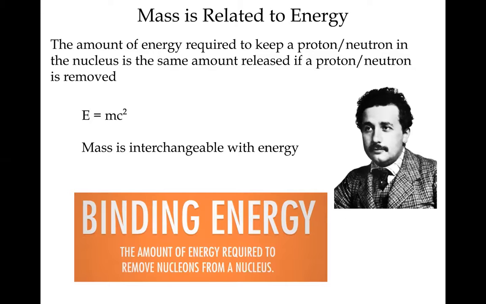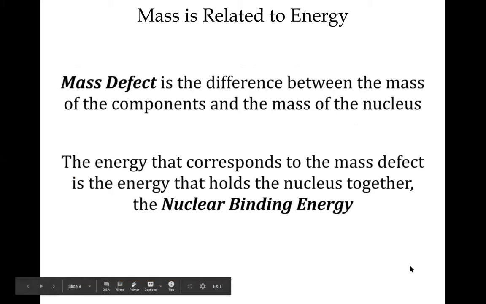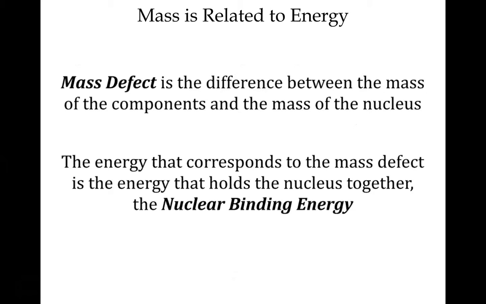So in summary, the mass defect is the difference between the mass of the components, the protons and the neutrons, and the mass of the nucleus itself as a whole. And the energy that corresponds to the mass defect is the energy that holds the nucleus together. Pretty cool, huh?